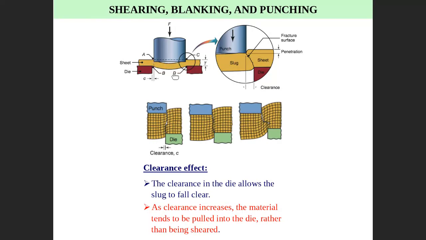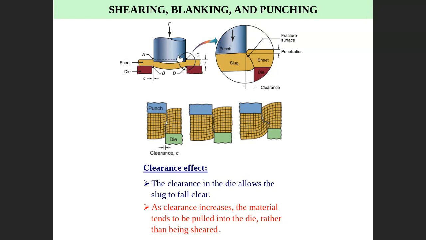Listen to me carefully: the diameter of the punch must be smaller than the diameter of the die. You agree with me? If the punch were bigger than the die, how could it cut? No way. So the punch diameter must be smaller than the die diameter.